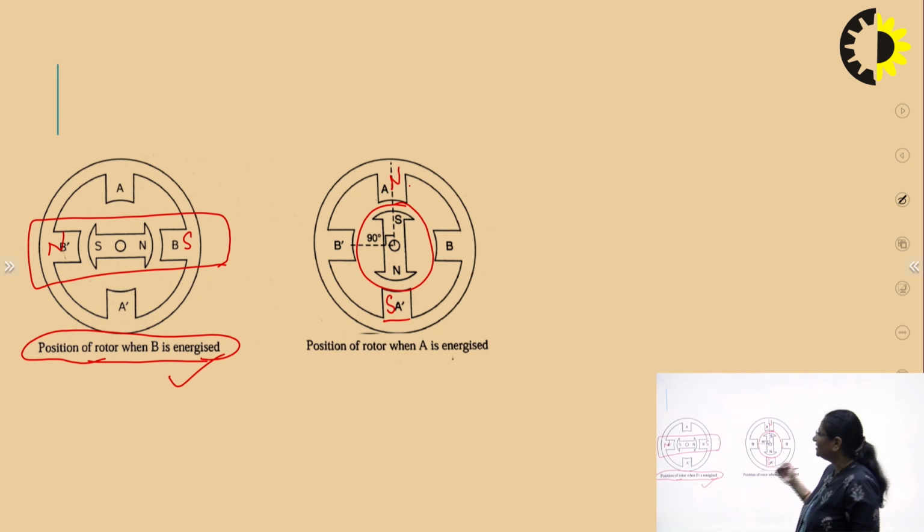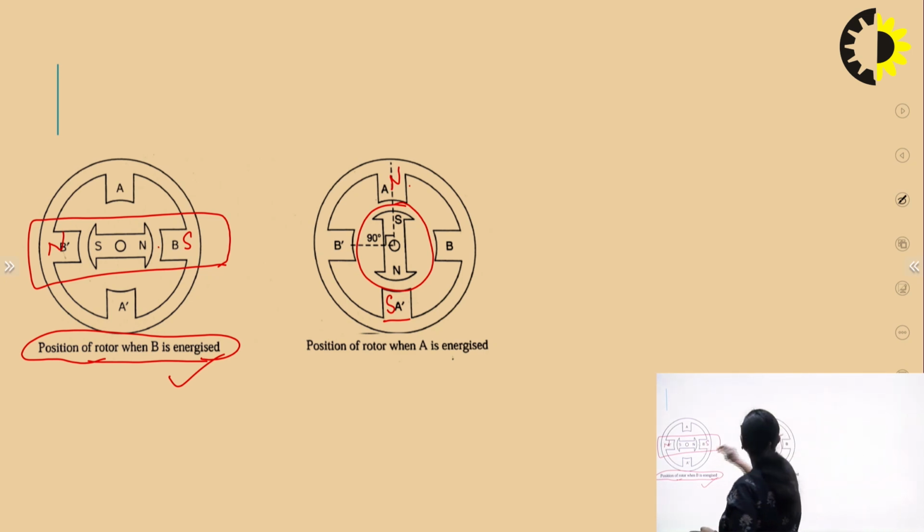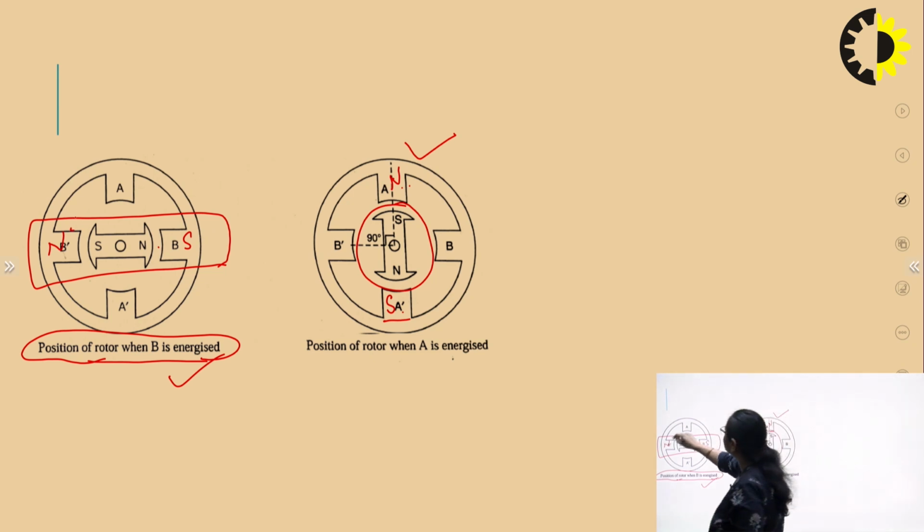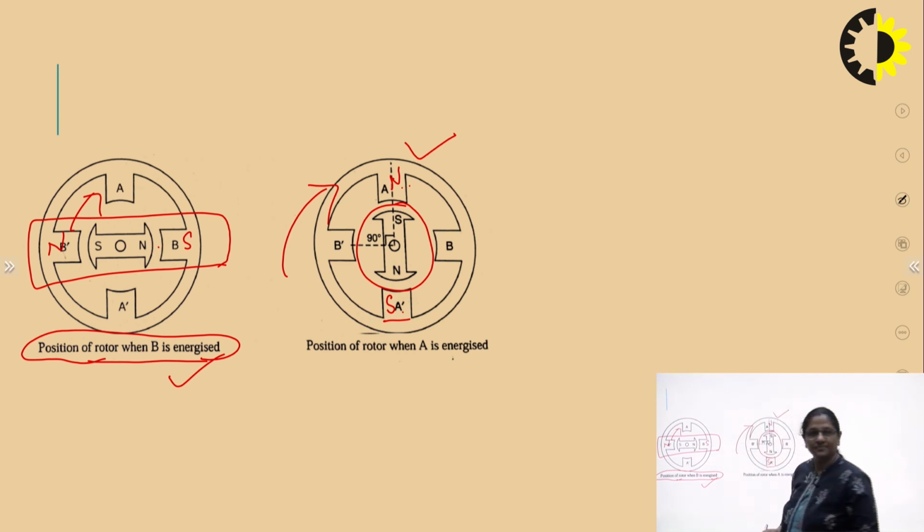So, if this was the position, the excitation of phase A in such a way that N is created over here and S is created over here will cause movement of the rotor in the anti-clockwise direction by an angle of 90 degrees, right? 90 degrees is the step angle over here.